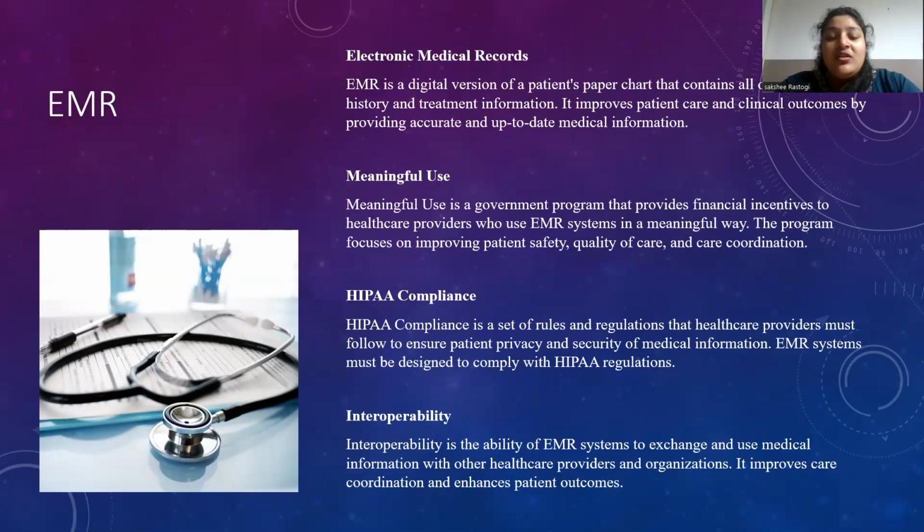The requirements are risk analysis, identifying and mitigating potential risks; privacy and security policies, implementing policies and procedures; training and educating workforce members; an incident response plan, having a plan in place for breaches; and annual review and update, regularly reviewing and updating policies and procedures.